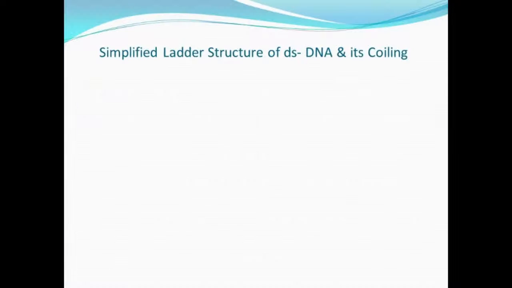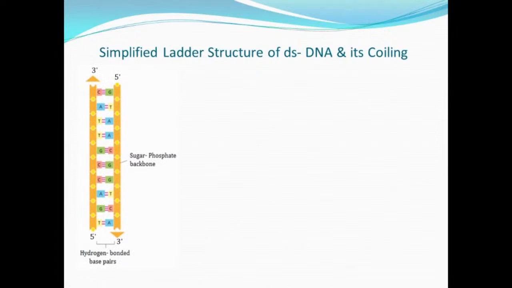We will now understand the making of double-stranded DNA and its further coiling. Now, two strands align themselves in such a way that their bases lie opposite to each other, and the strands also follow anti-parallel orientation. Here, the meaning of being anti-parallel is that if one strand is running from 5' to 3' direction, then the other strand runs from 3' to 5' direction.